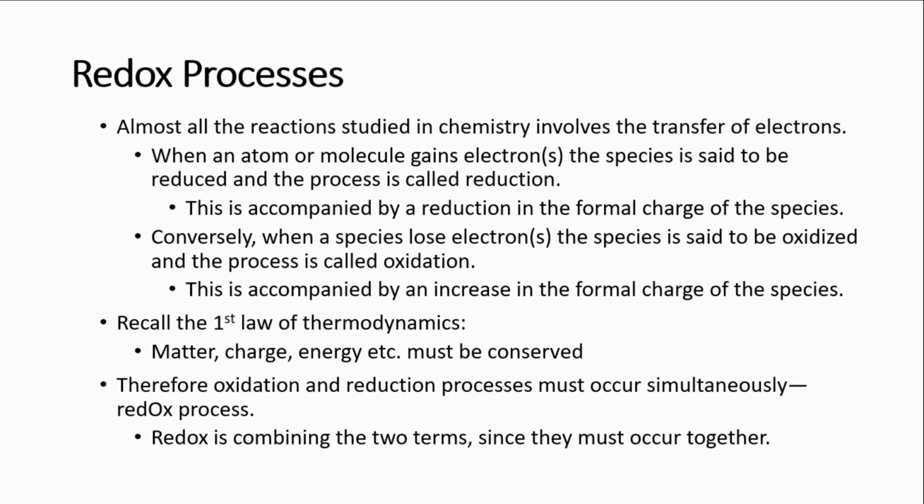They must occur simultaneously, because you cannot have an increase in charge on one species without a decrease in formal charge on another species. So if something gains electrons, then something else must have lost those electrons. So there is conservation of charge. That is important, and it is indicated by the first law of thermodynamics.